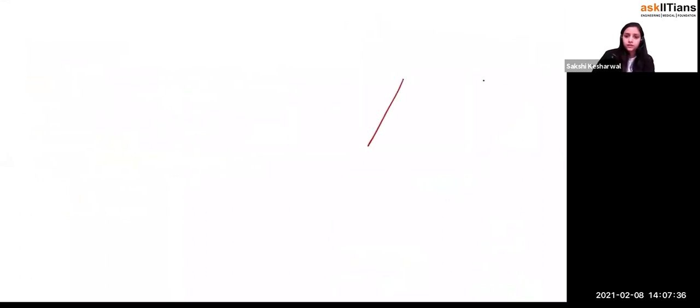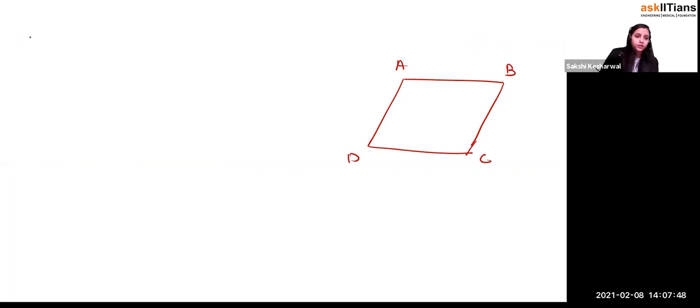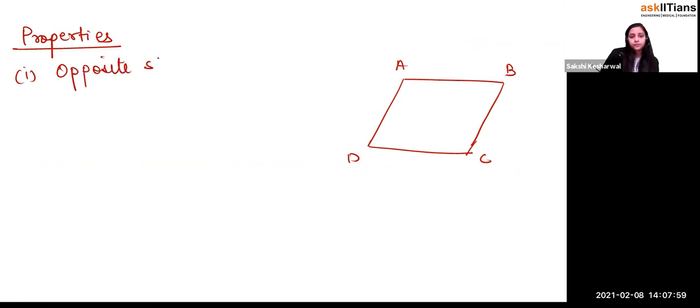So let's go to the properties. Let me draw a rhombus. This is A, B, C, D. What are the properties? The first property is that opposite sides are parallel.